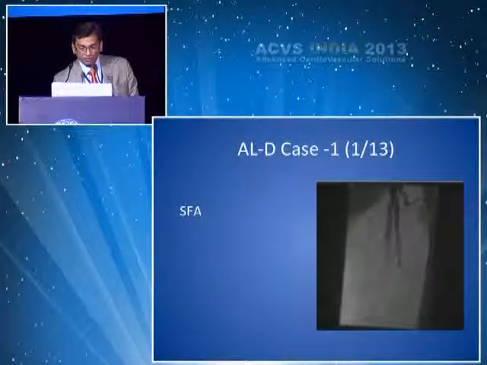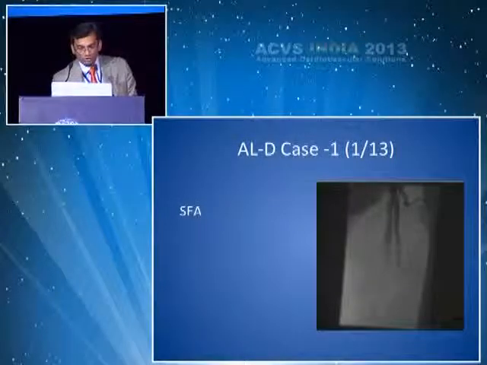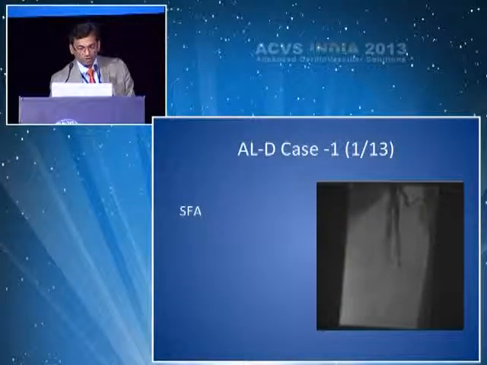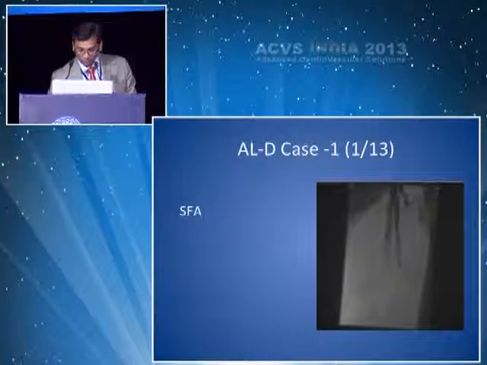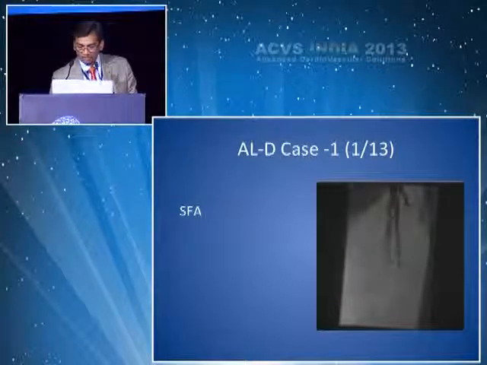Here's an angiogram. As you see, it's a diffusely diseased SFA, calcified, multiple sequential lesions of the distal SFA. Popliteal is also involved, and there's significant below-knee disease.